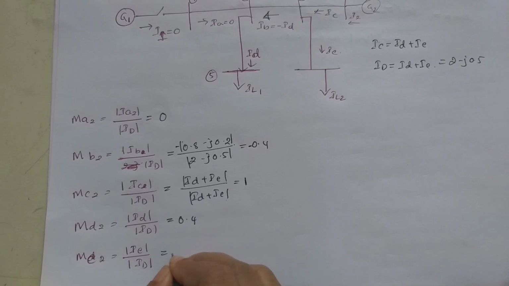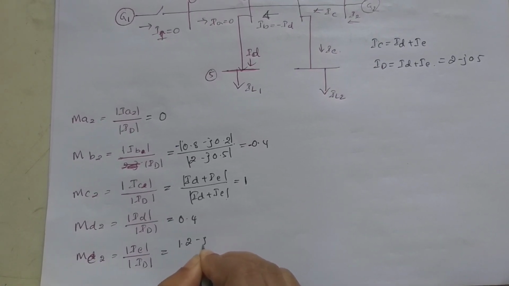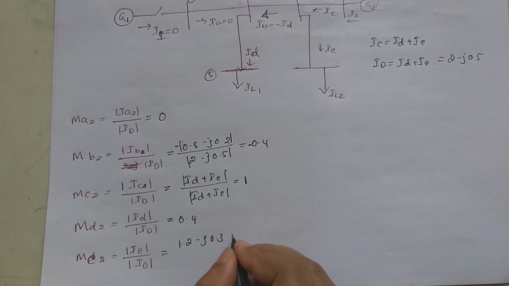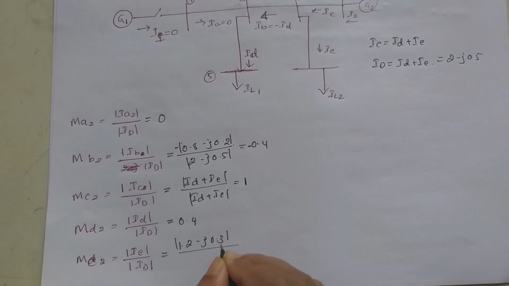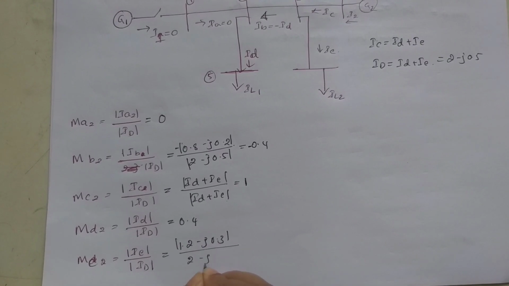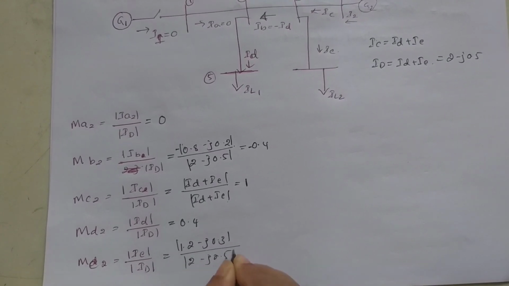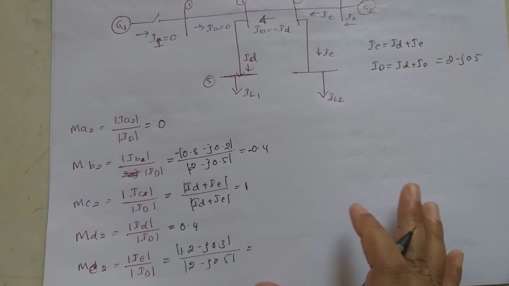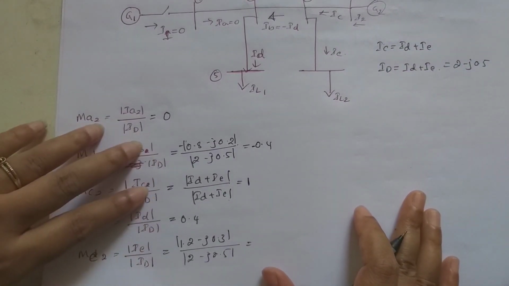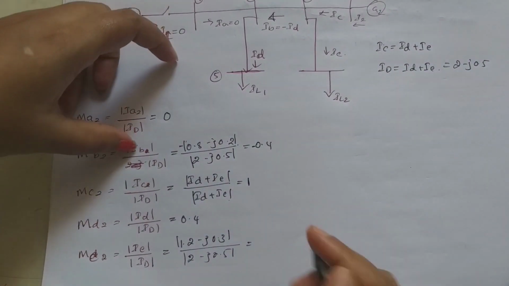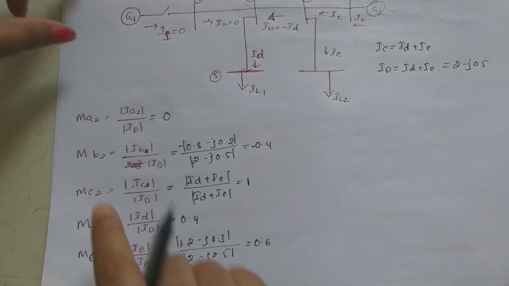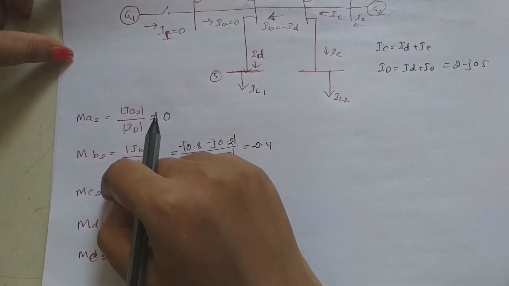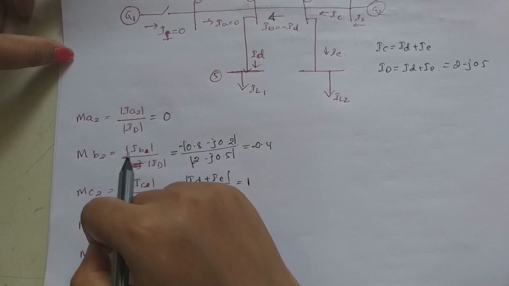ME2 is IE divided by ID. IE is 1.2 minus j0.3, divided by 2 minus j0.5, magnitude of that, which is equal to 0.6. So we have calculated MA2, MB2, MC2, MD2, ME2 here.